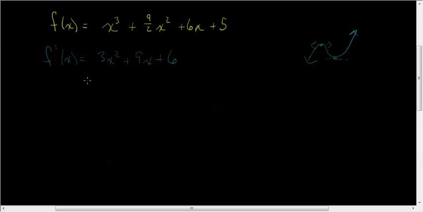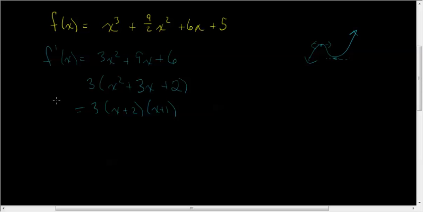First thing I'm going to do is factor out that 3. 3 times x squared plus 3x plus 2, which simply factors as 3 times x plus 2, x plus 1.